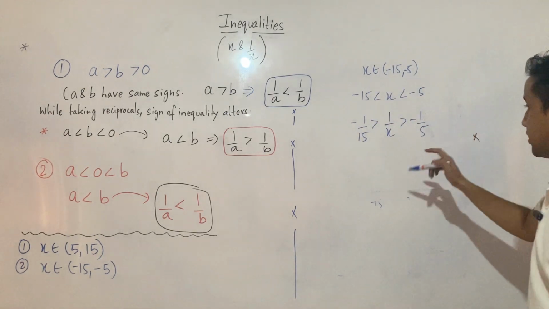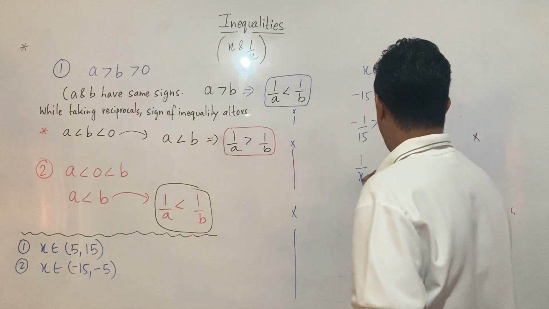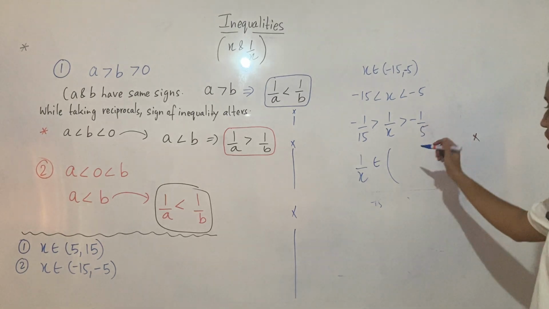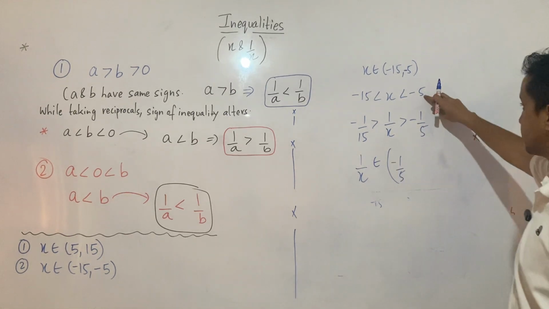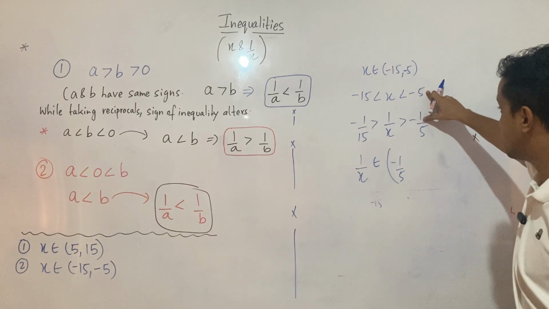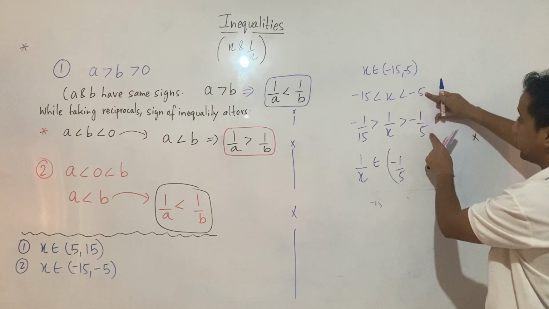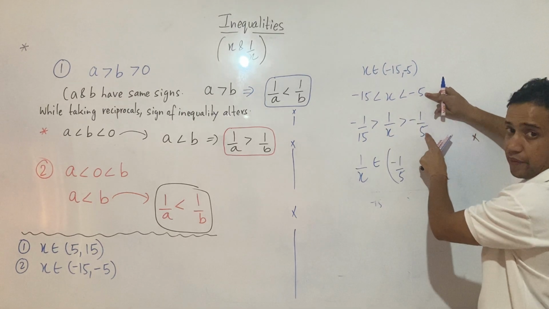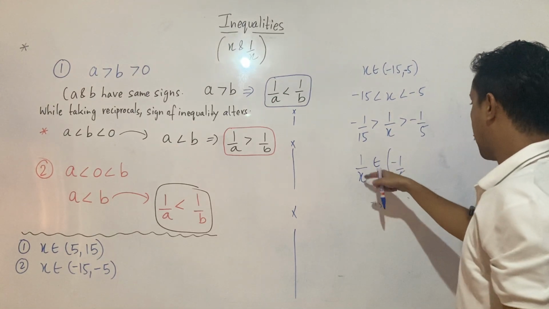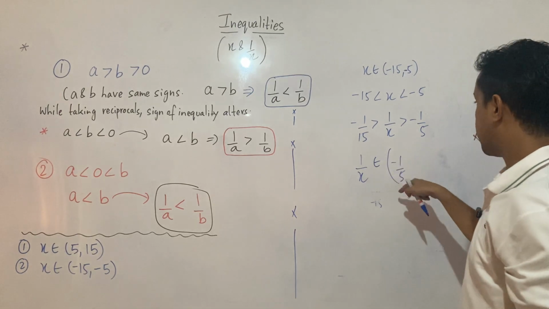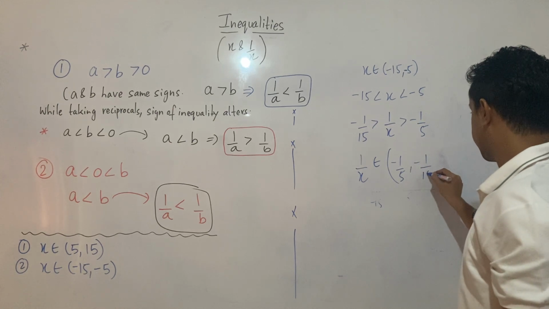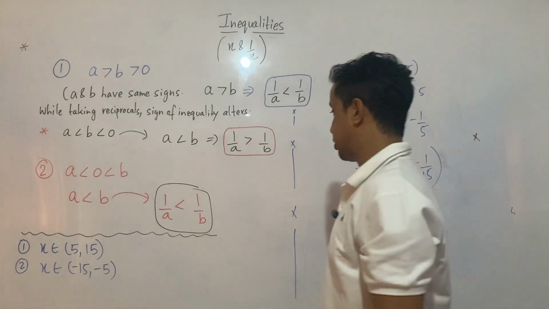If I have to represent 1 by x, which one is going to be lower? Minus 1 by 5. Why? Because here it was greater, so when you did the reciprocal, the higher value came in the denominator, so the overall value is going to be lower. So this 1 over x belongs to the open interval minus 1 over 5 to minus 1 over 15. I hope you understand it.